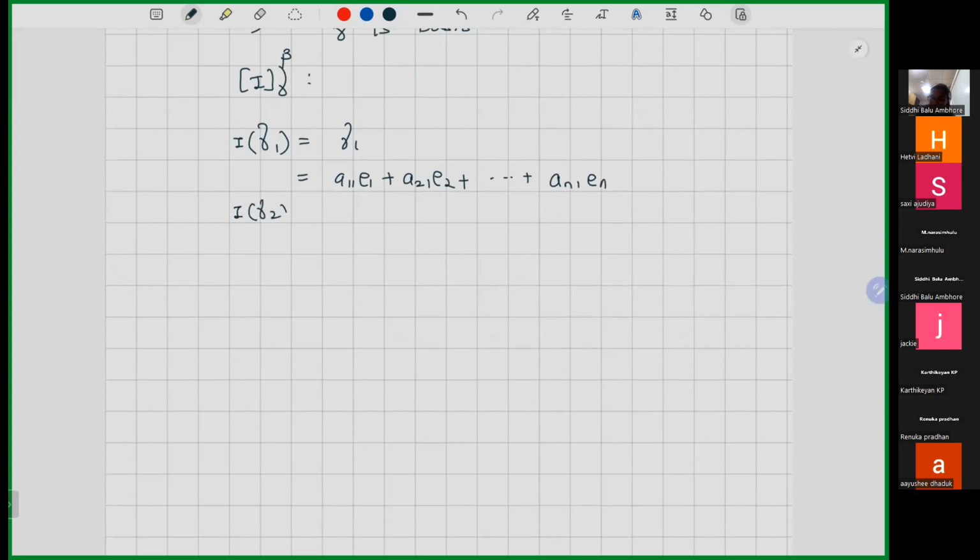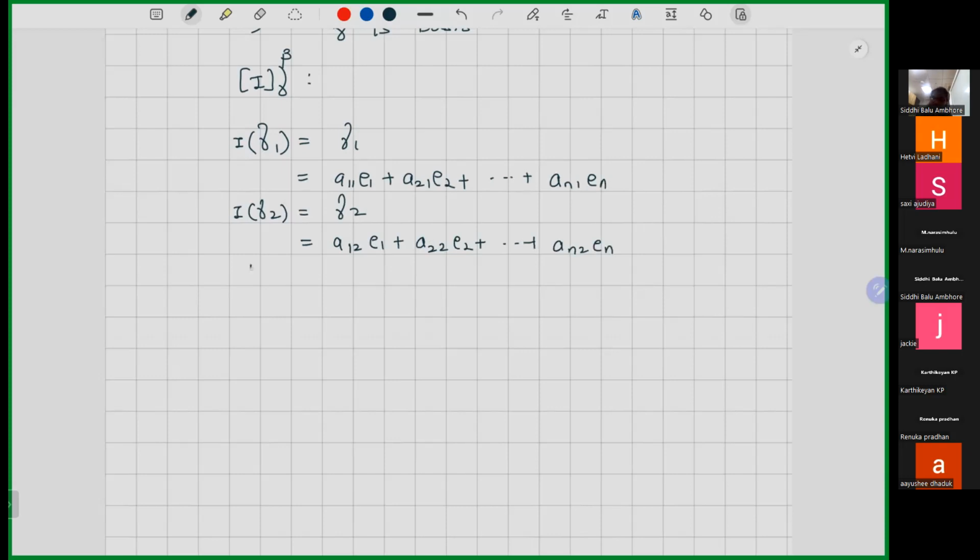Similarly, I of gamma 2 is gamma 2 again, and gamma 2 is A12 E1 plus A22 E2 and AN2 En, right?